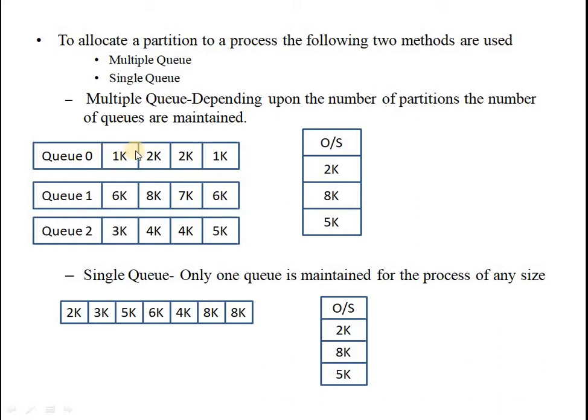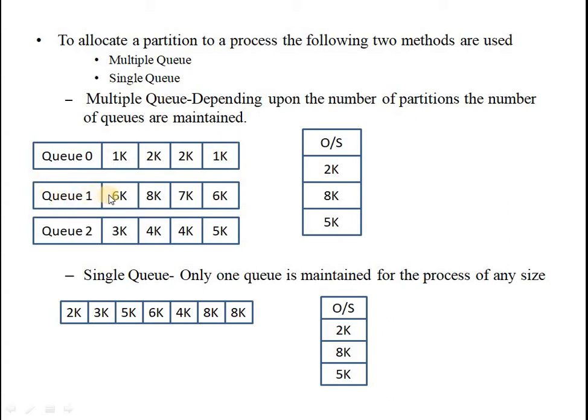Q0 will maintain the size of processes from 0 to 2k. It has memory partitions 1k, 2k, 2k, 1k.